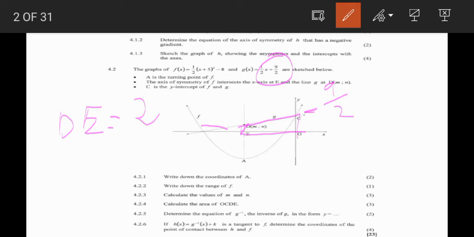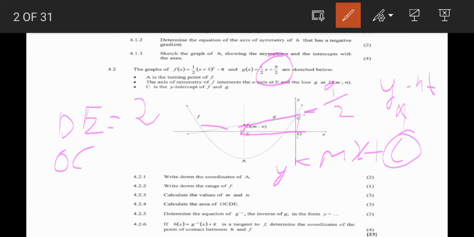Because in y equals mx plus c, the c is always the y-intercept. So it takes the value of 9/2, which in decimal form is 4.5, right?